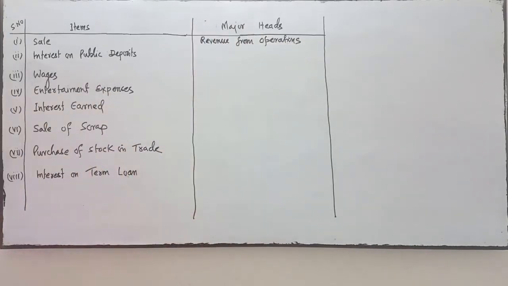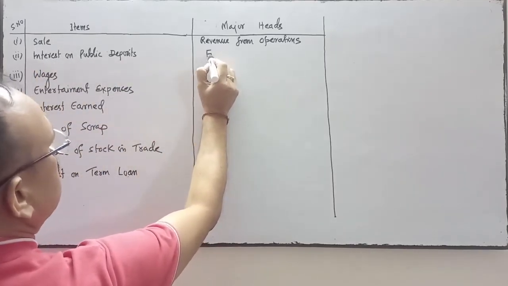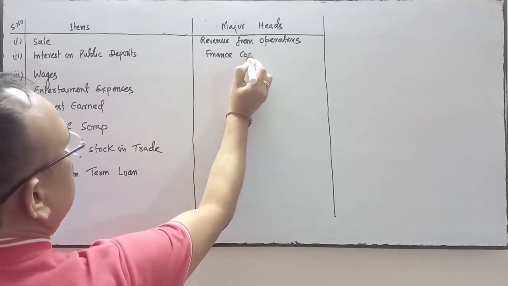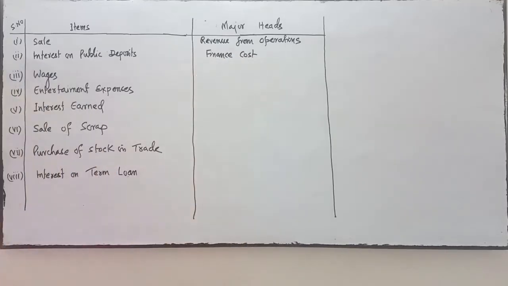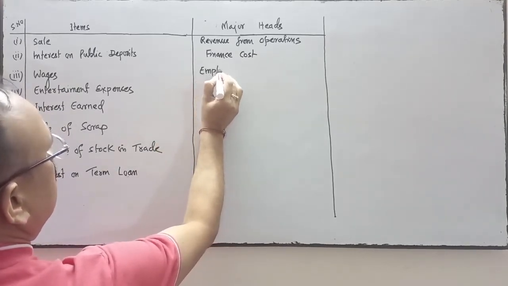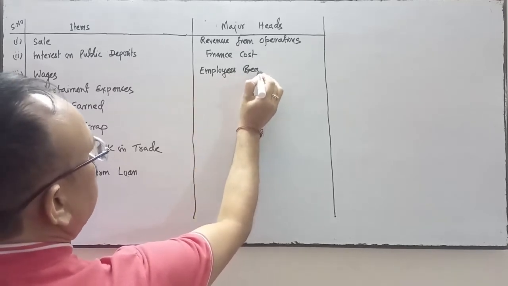Then interest on public deposits. This interest is a finance cost. This comes under the finance cost. Thereafter comes wages. Wages comes under employee benefit expenses.